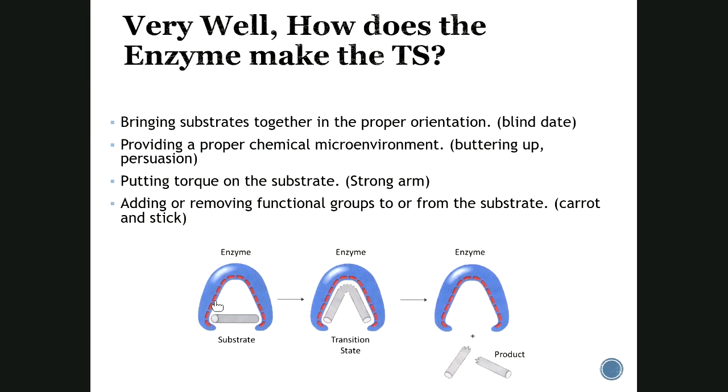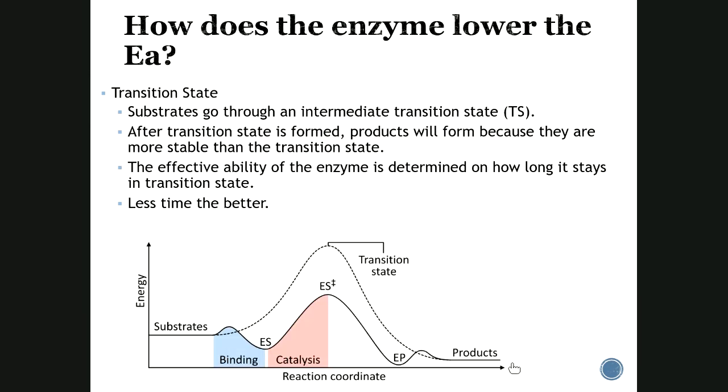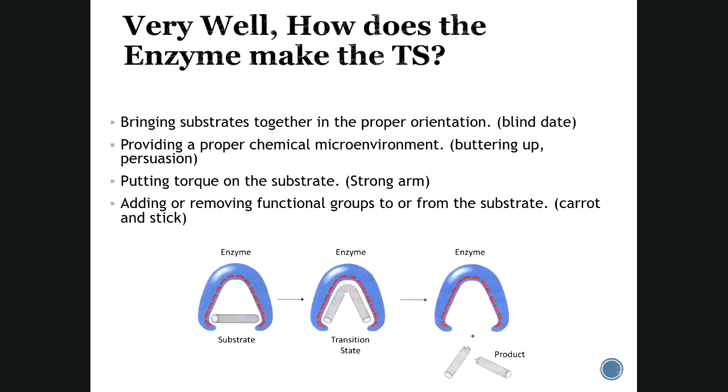So how do we do that transition state? Remember, we're going from one thing to another, so there are going to be some chemical reactions happening. Maybe we're making bonds and breaking bonds. Enzymes do this in different ways. Sometimes you bring two substrates together in the proper orientation.